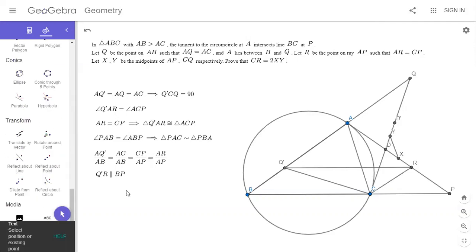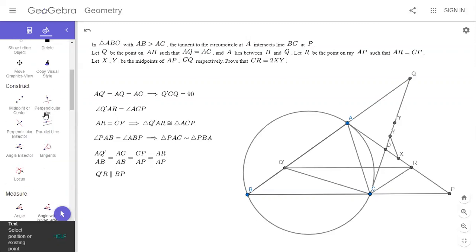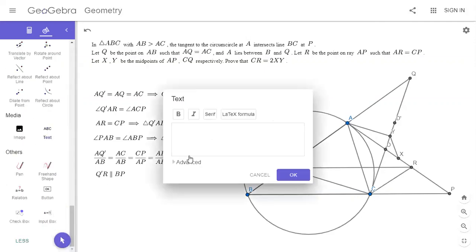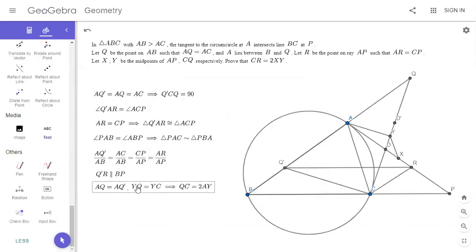So we have QC is equal to 2AY. And then we also have QR is equal to, I'm trying to remember what I said before.